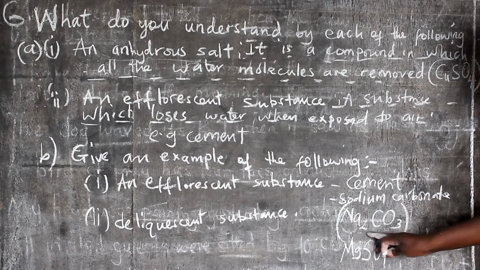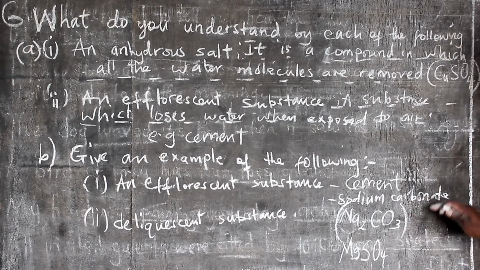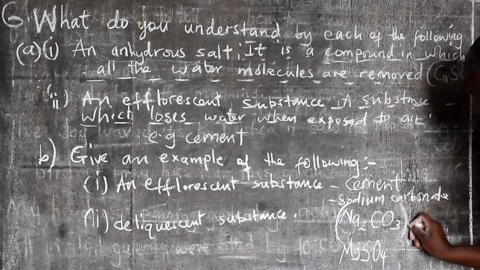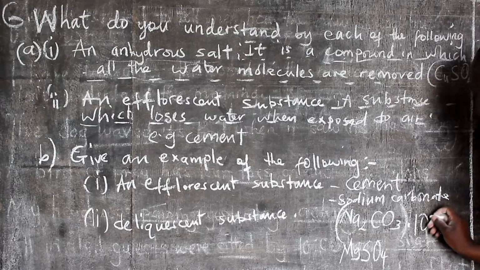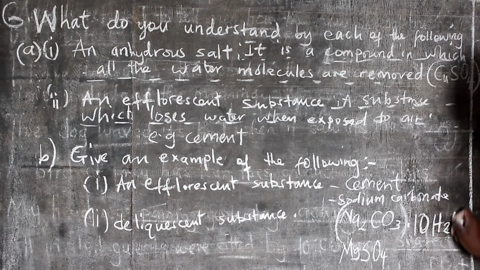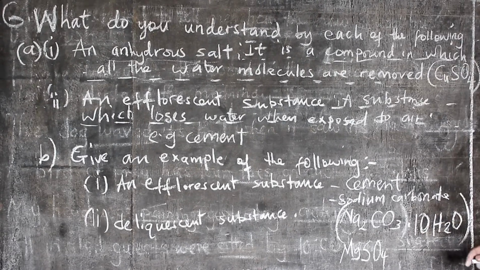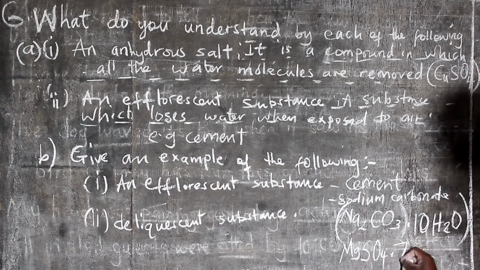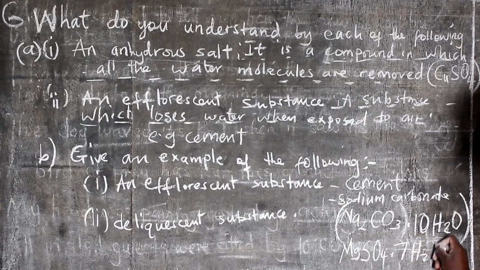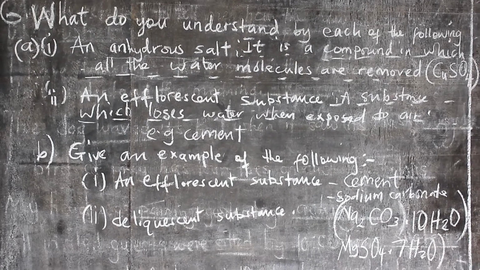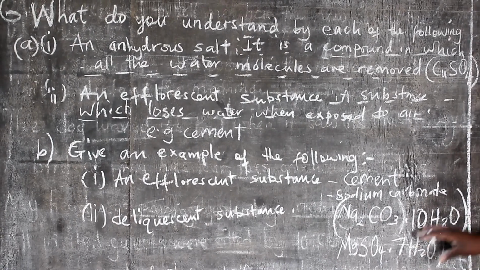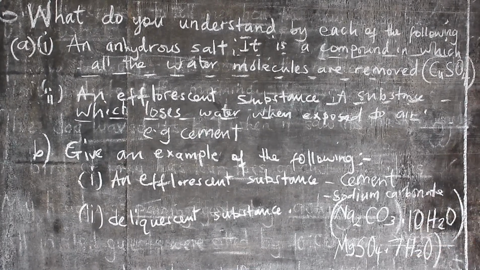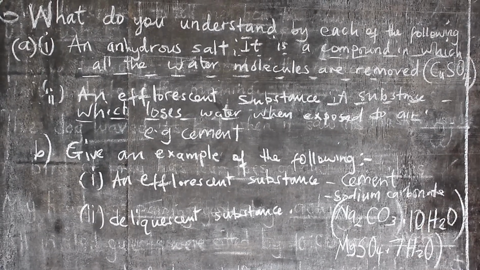For instance, sodium carbonate might contain 10 moles of H2O. Magnesium sulfate may contain 7 moles of H2O, that is water. When they are exposed to air, they will lose this water and they will dry up.